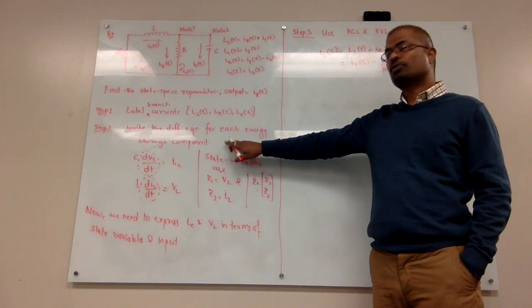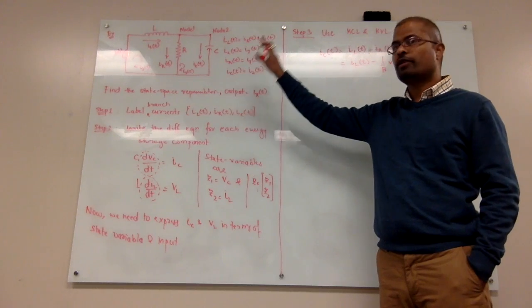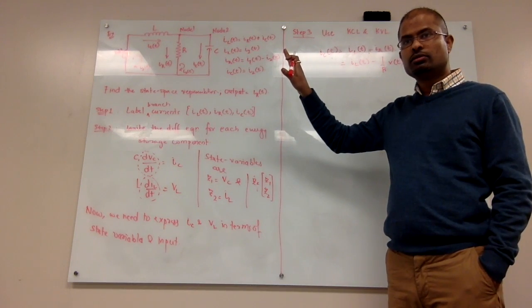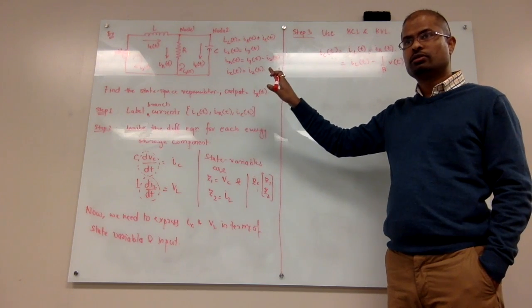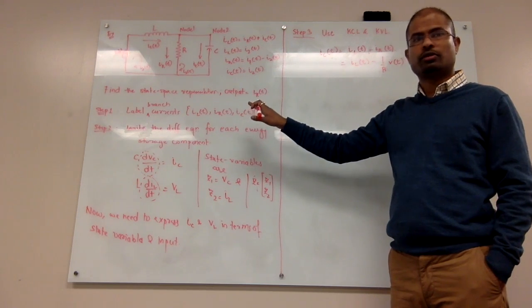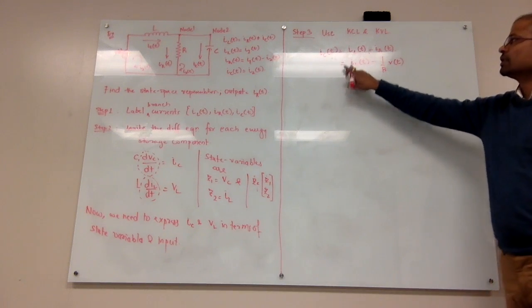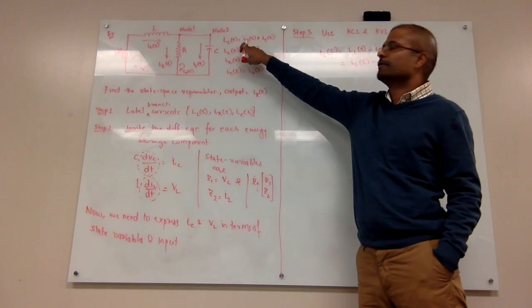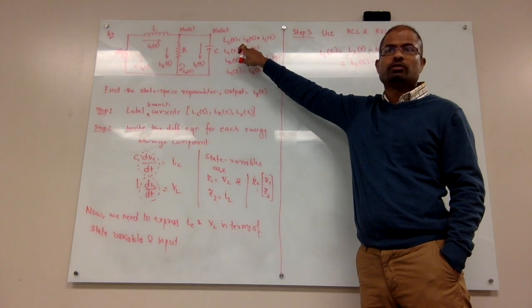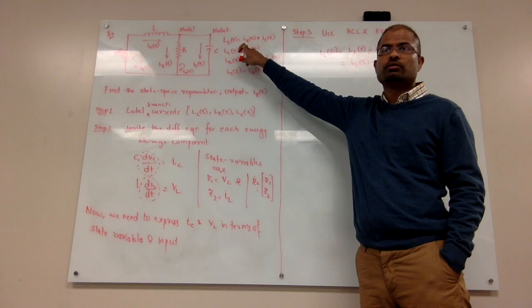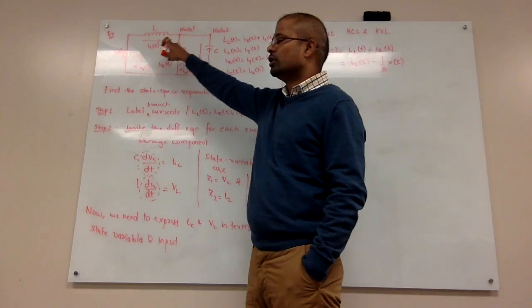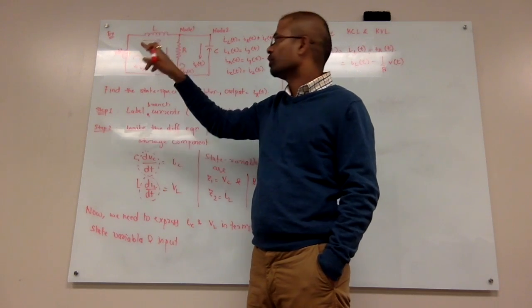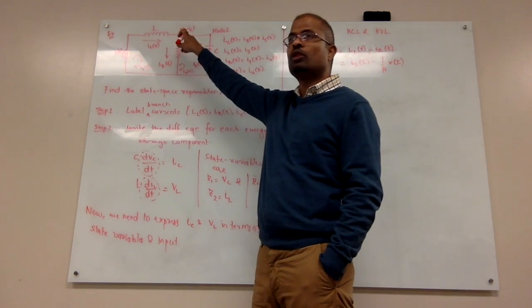You focus on this. This is the process. The process is to identify the energy storage elements and write down. The energy storage elements are capacitors and inductances. Just focus on this. Now, if you see, this IC can be written as IL minus IR. This is Kirchhoff's current law. What does Kirchhoff's current law say? The current flowing into a node is equal to the current flowing out of it. What is the current flowing into node 1?